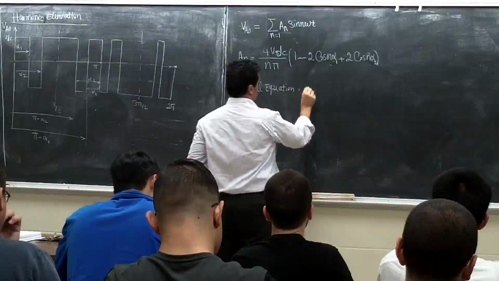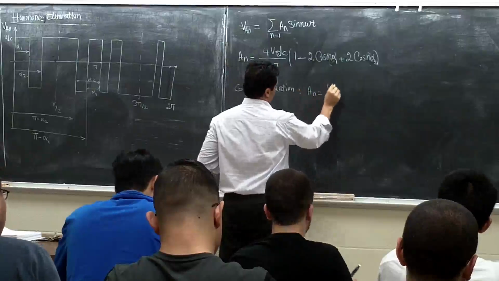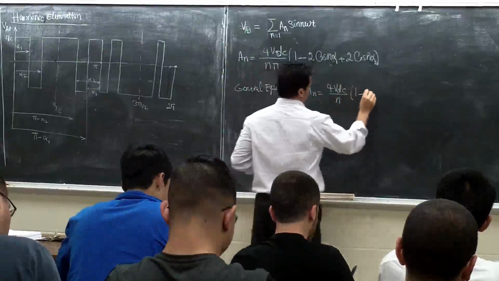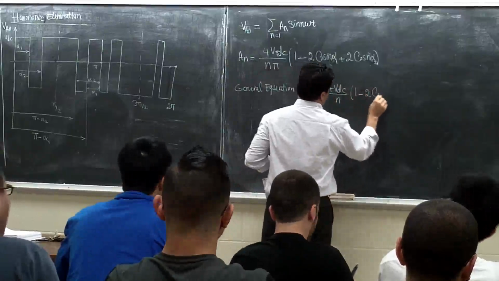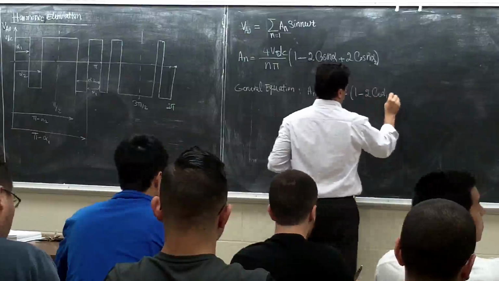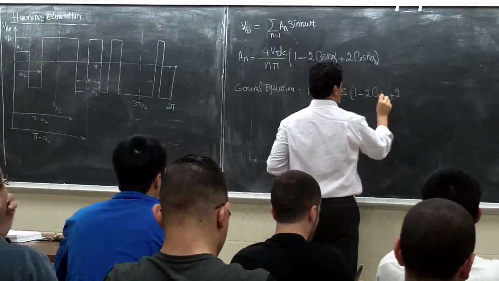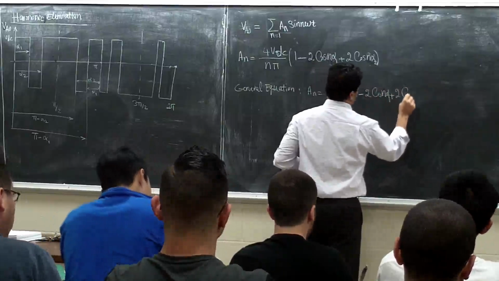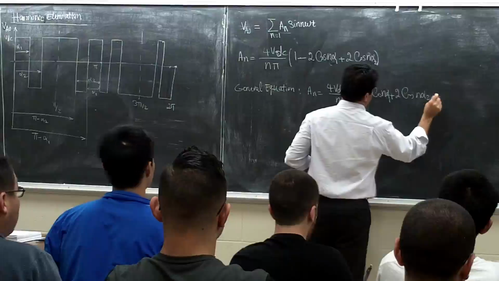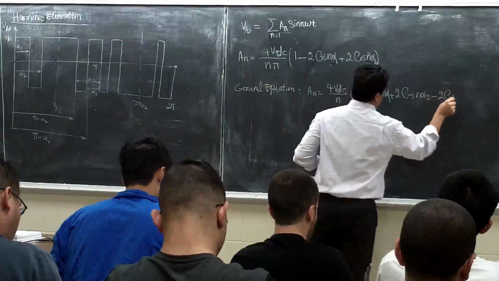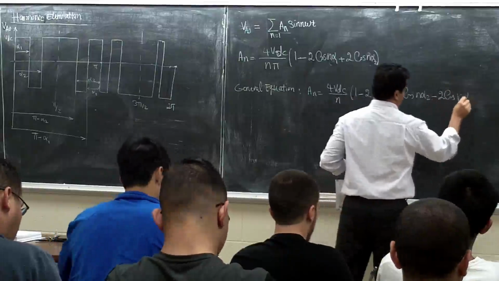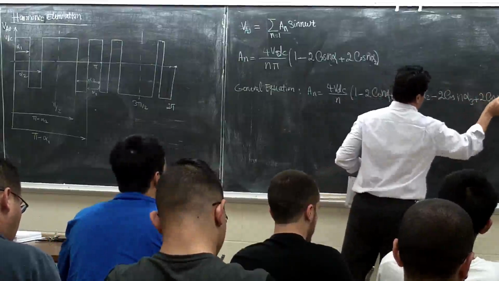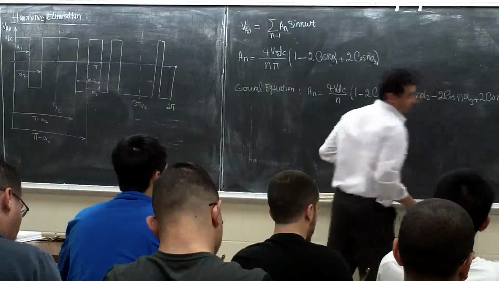The general equation is An is 4 VDC over n pi times 1 minus 2 cosine of n alpha 1 plus 2 cosine of n alpha 2 minus 2 cosine of n alpha 3 plus 2 cosine of n alpha 4 and so on.